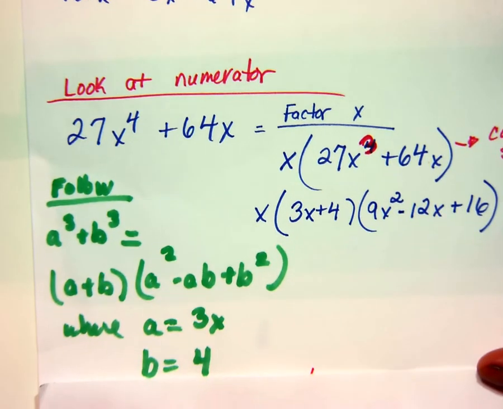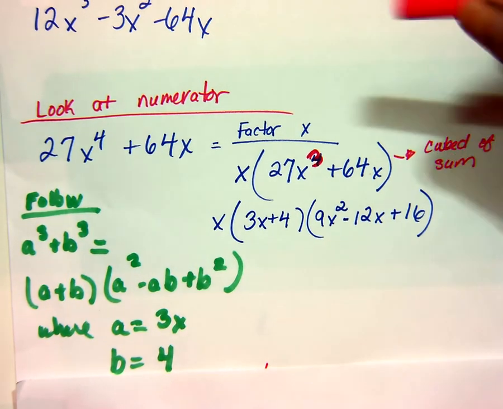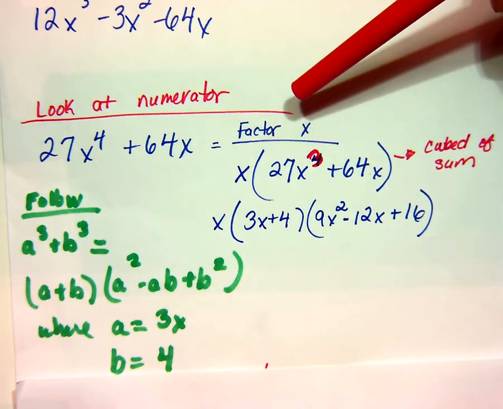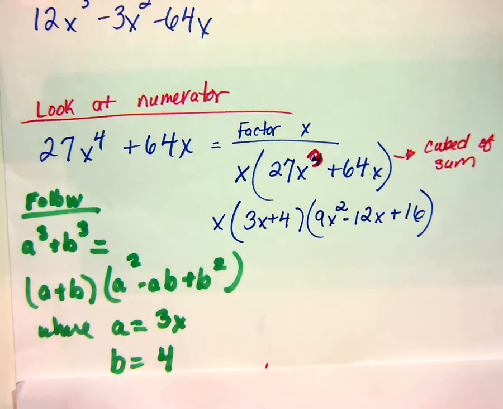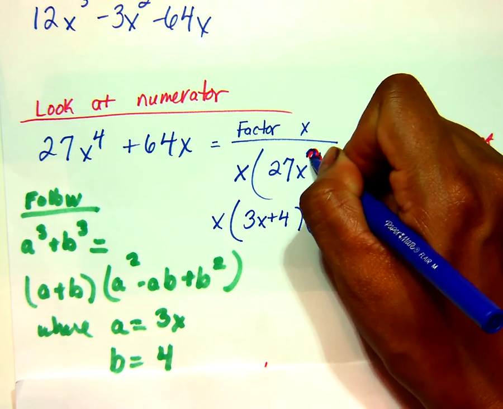So if we look at the numerator only, you have 27x to the 4th plus 64x. So I'm going to factor out the x. So once I factor out that x, that's supposed to be a 3 right here.